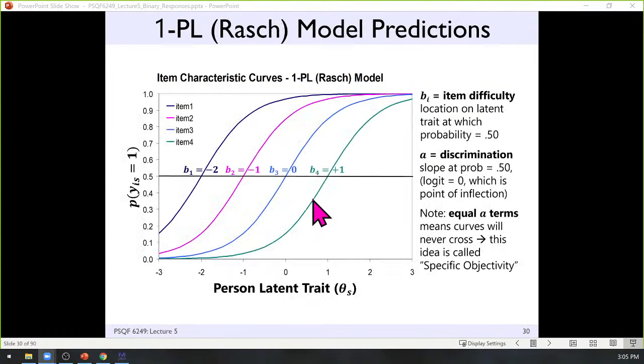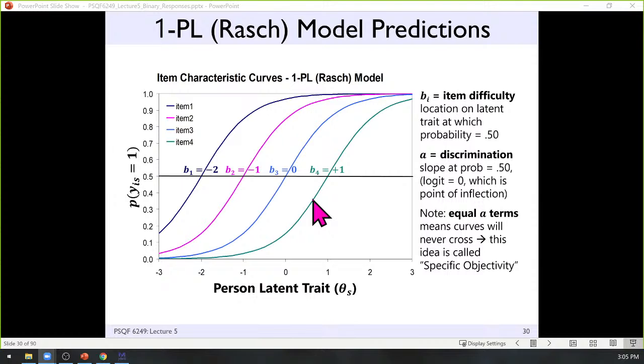Yeah, so I'll go back to this picture. This is the Rasch picture. You're not assuming that all items have the same difficulty. Items still get their own location. It's that at that location, all of the items are equally good. Like at its location, they all work equally well.